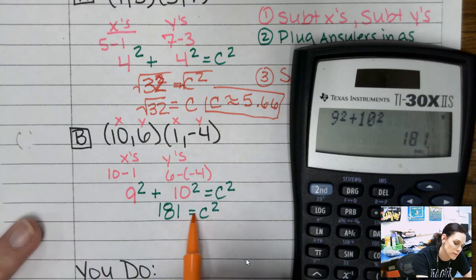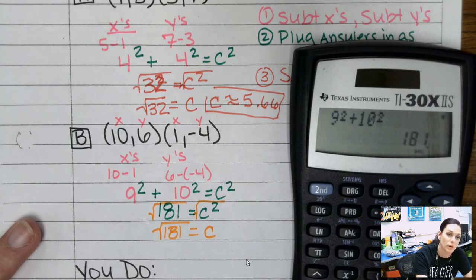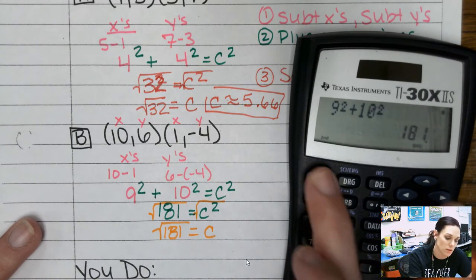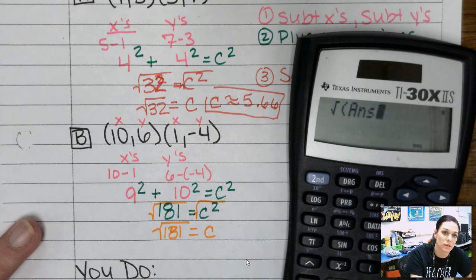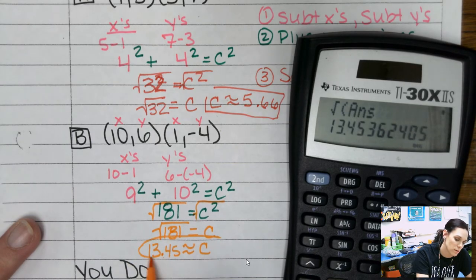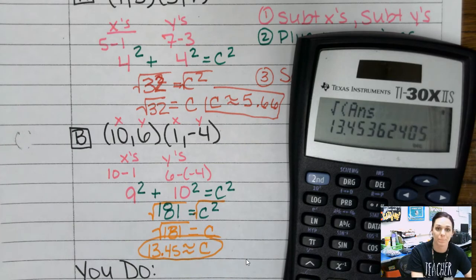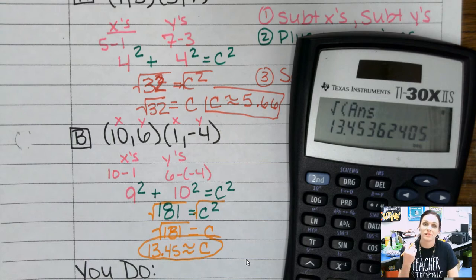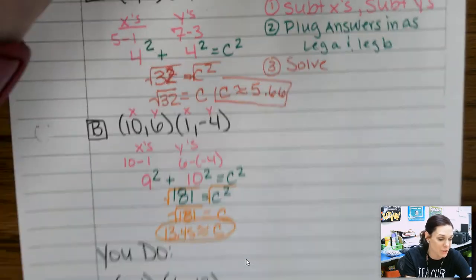So c equals the square root of 181. 181 is not perfect, so I'm going to leave it in the square root symbol. And then I'm going to do my answer, and it is approximately 13.45 squares long. Subtract the x's, subtract the y's, plug it into the Pythagorean theorem. All right, so let's have a you try one.